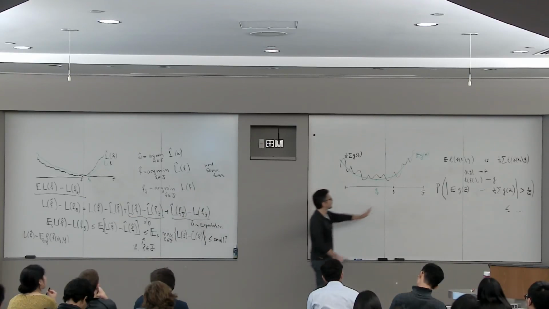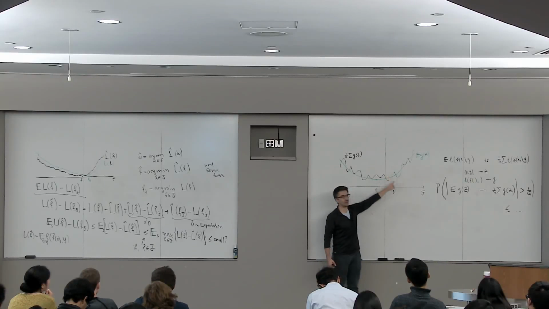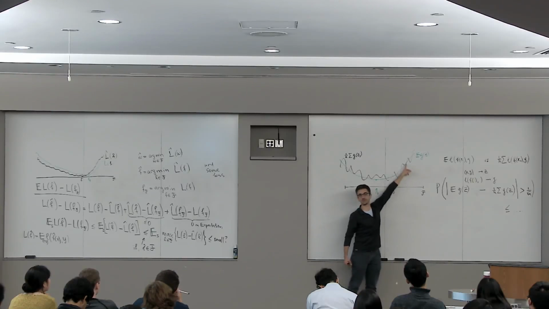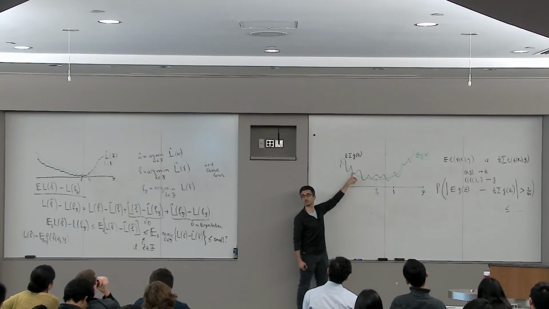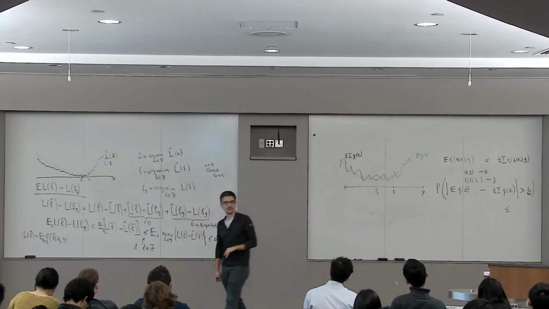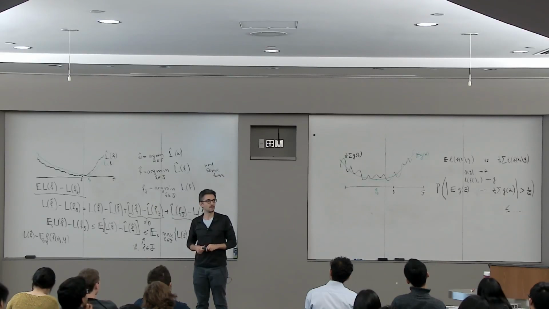Now, for any fixed g, we know that the black one from the green one should be roughly 1 over square root of n away. And if I take this one, it's also 1 over square root of n away. And if I take this one, it's 1 over square root of n away. So why does it not imply that I have this 1 over square root of n uniformly?